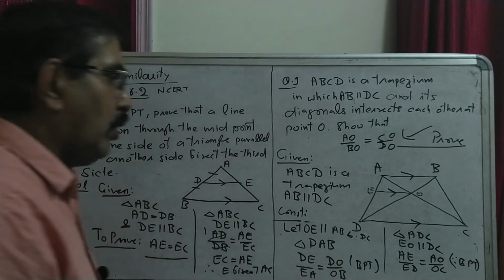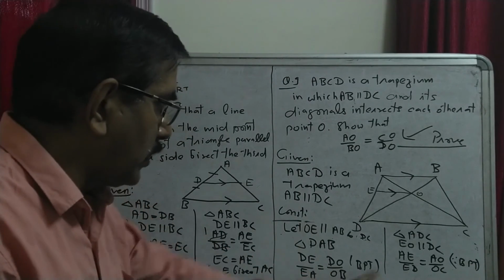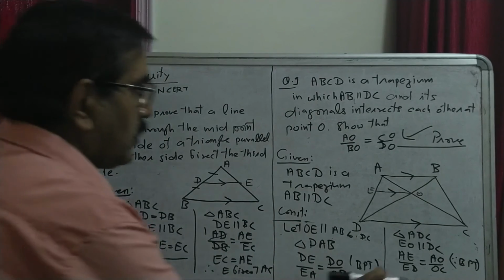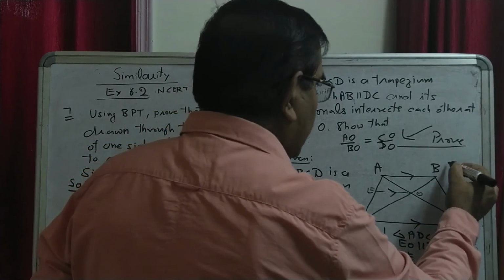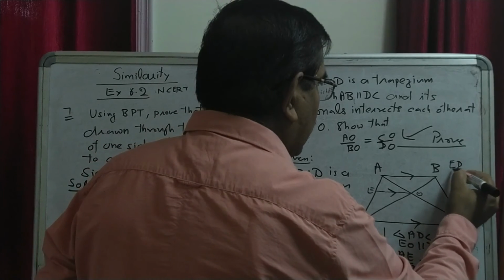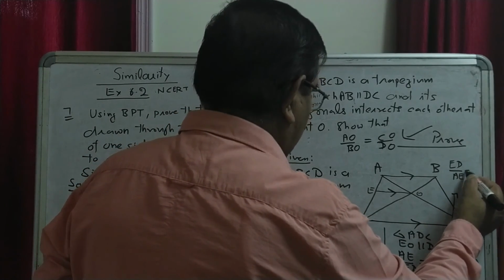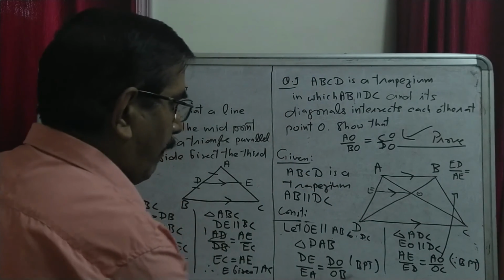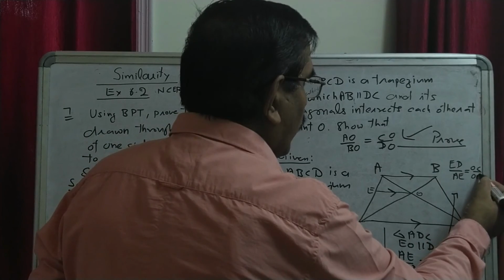Okay. Now children, if you just watch these two results, take the reciprocal of this result. From here you get ED over AE is equal to OC over OA.